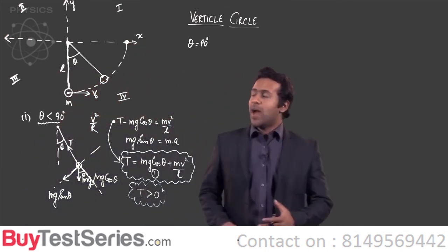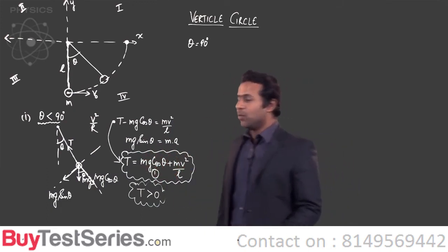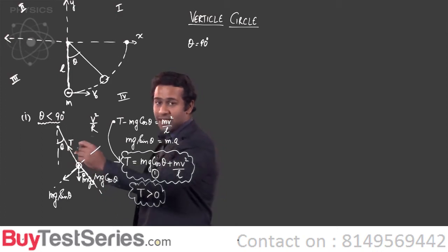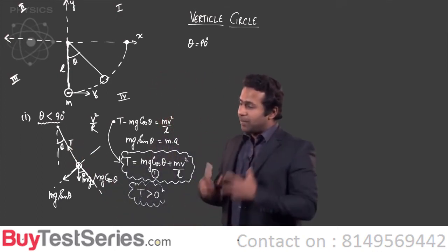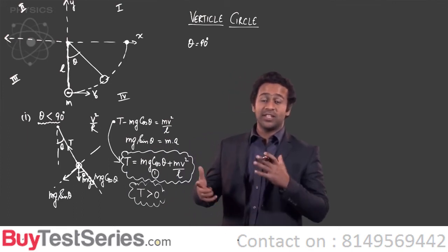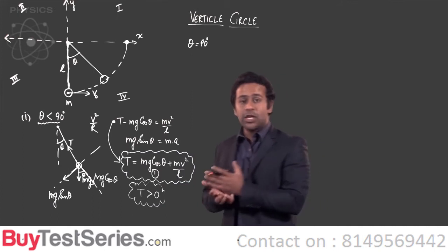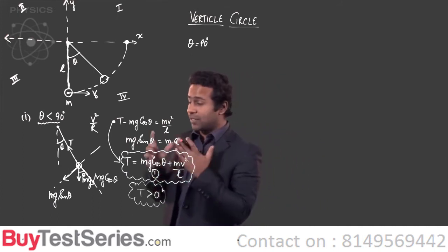Now, to analyze this, once again, let's look at the forces acting. We know there's mg and there's tension. We have repeatedly argued for such situations that work done by tension is 0, because tension acts perpendicular to the instantaneous direction of displacement.